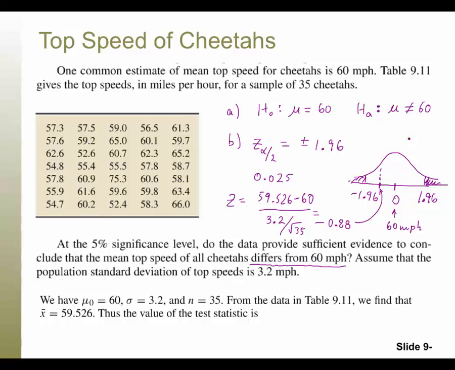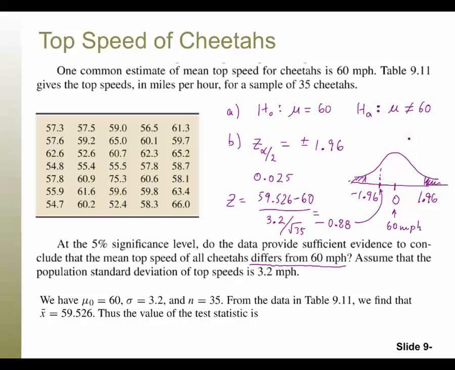So what is our conclusion then? That the top speed of cheetahs is 60 miles per hour? Is that our conclusion? No. Remember, that's not the conclusion. What is the conclusion then? We're not rejecting the null hypothesis, but what that does not mean is that we're concluding the mean top speed of cheetahs is 60.